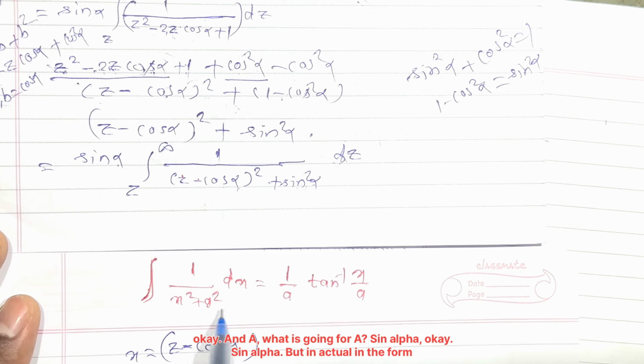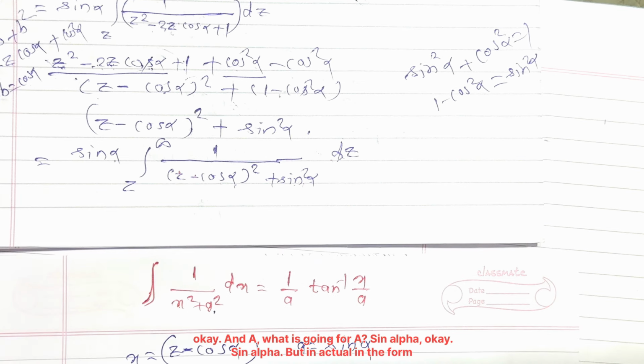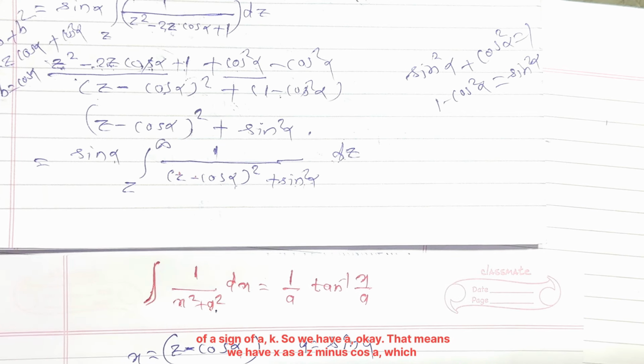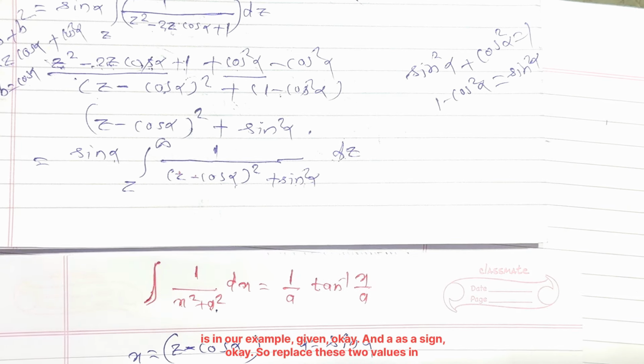And a, what is the value for a? Sine alpha. But in actual form, in our sine a, we have x as z minus cos a, which is in our example given, and a as sine a.